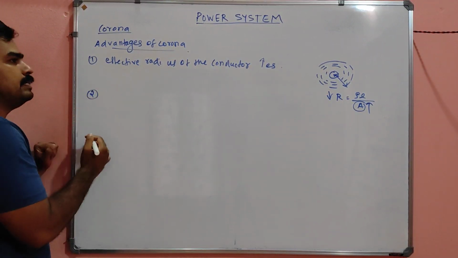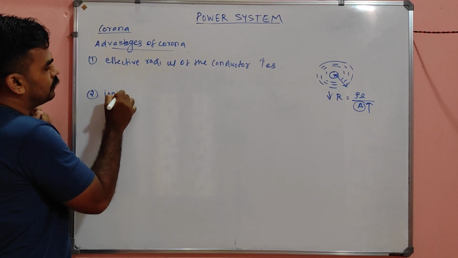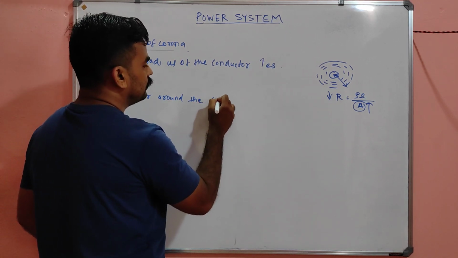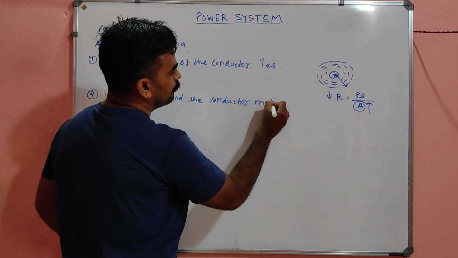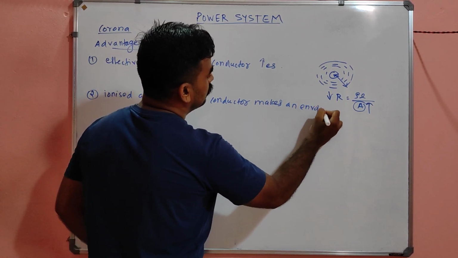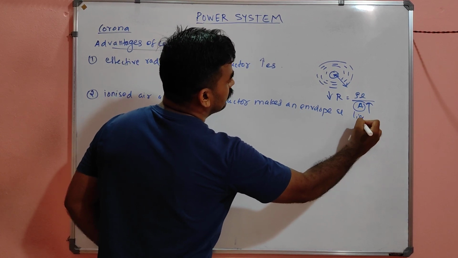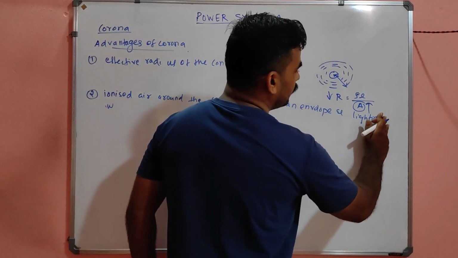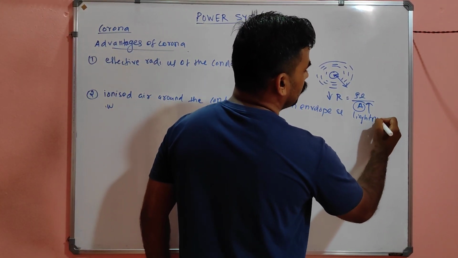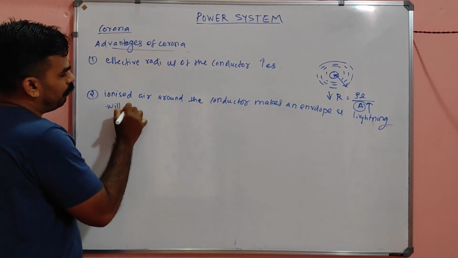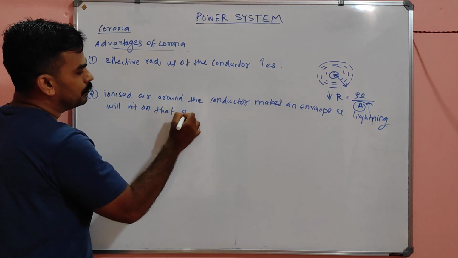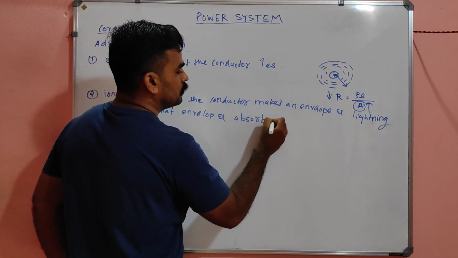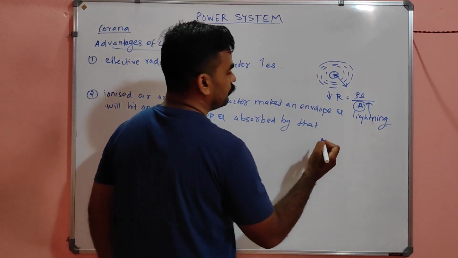And the second advantage is that the ionized air around the conductor makes an envelope, and lightning will hit that envelope and be absorbed by it.